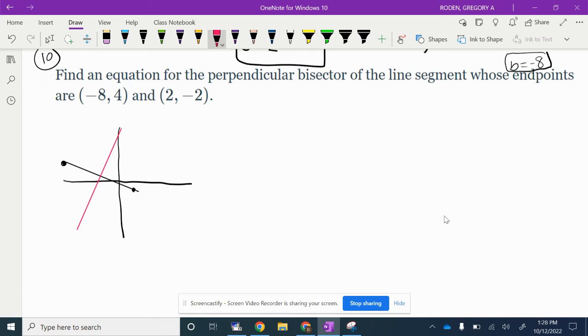So we have this segment right here. We'll call it AB. We need to find the midpoint of AB, and that's going to give us where the line goes through, right, Michael? So how are we going to do that? Okay, and now we're going to put numbers in.